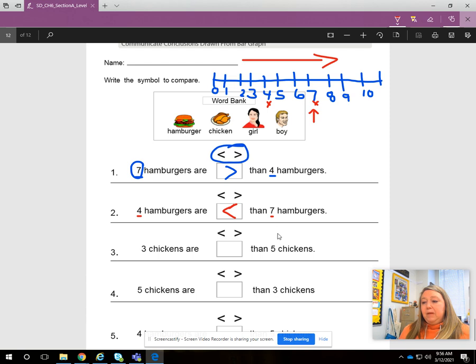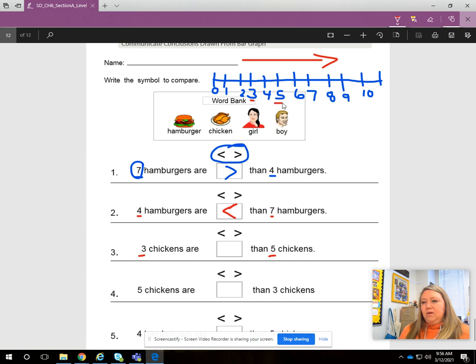Down below, 3 chickens are less than or greater than 5 chickens. So this time, let me erase this. We have numbers 3 and 5. Which one is bigger?